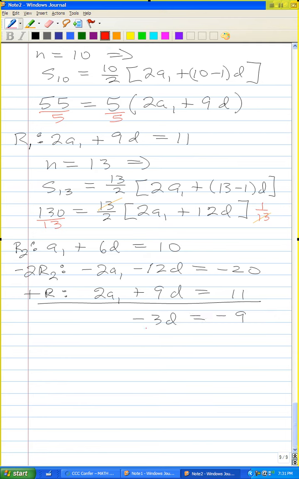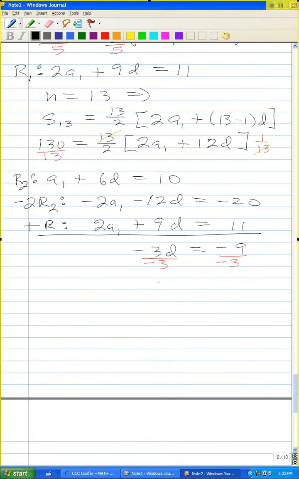Divide both sides of my equation by negative 3. So I get that the common difference is just equal to a positive 3. Okay, good. And so from, well, let's say equation R2, I get that a1 plus 6d equals 10.